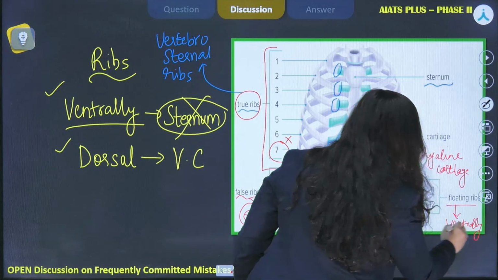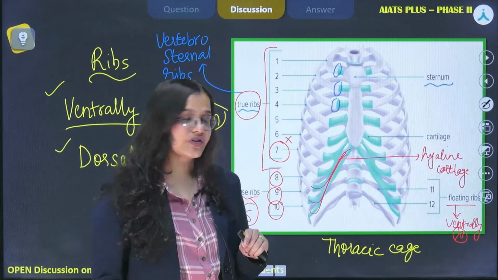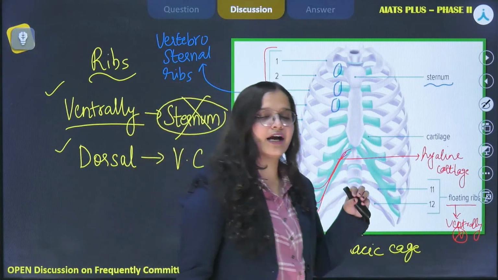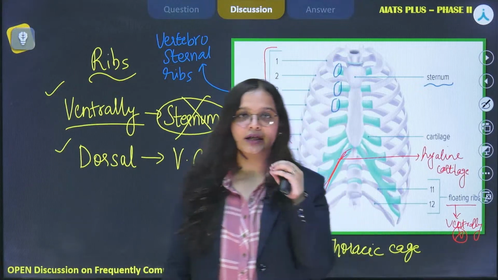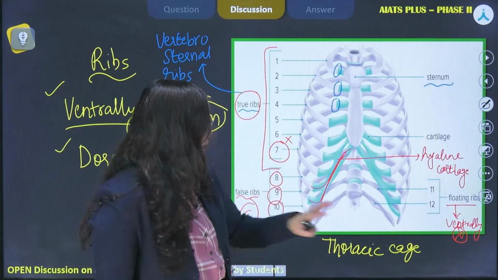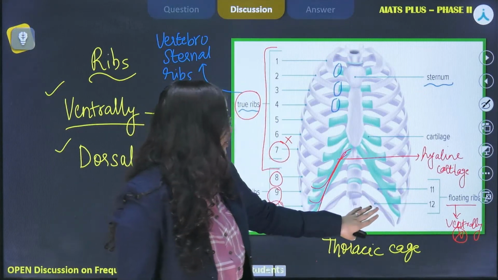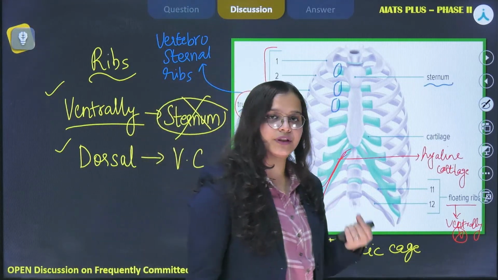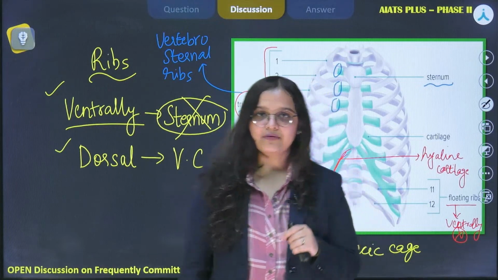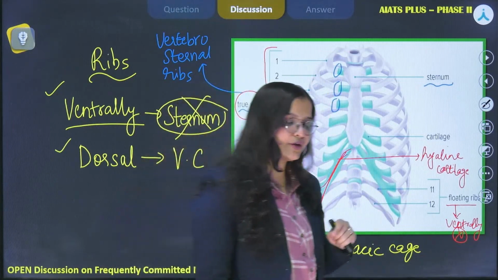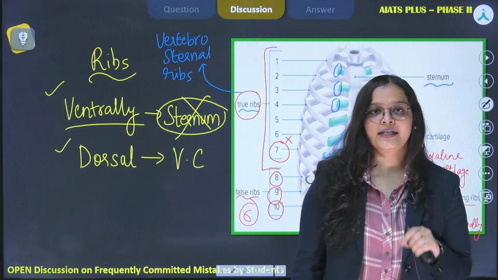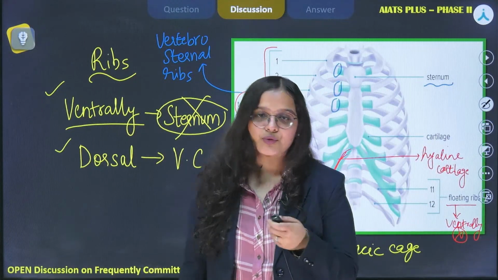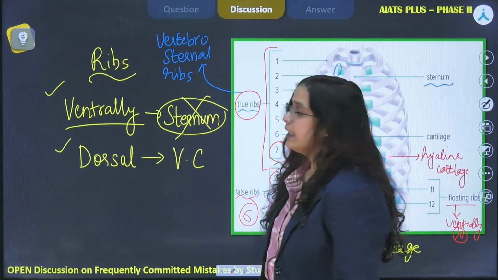Their ventral side is free, and they are attached to the dorsal vertebral column only, and therefore they are said to be the floating ribs. It is the 11th and 12th pair of ribs which are known as the floating ribs. So this was the basic about the ribs.